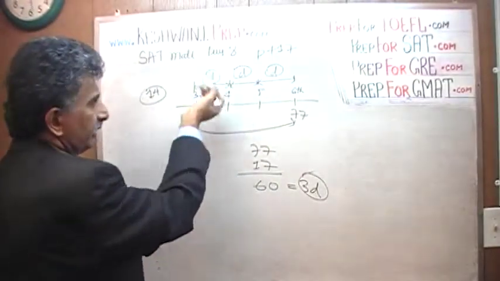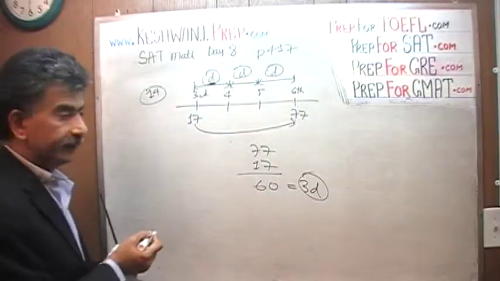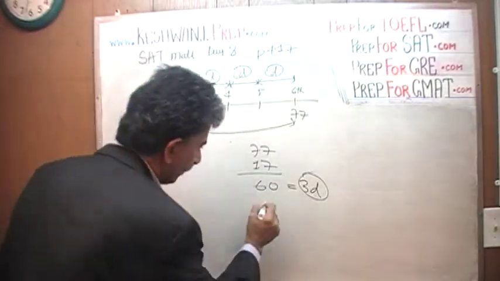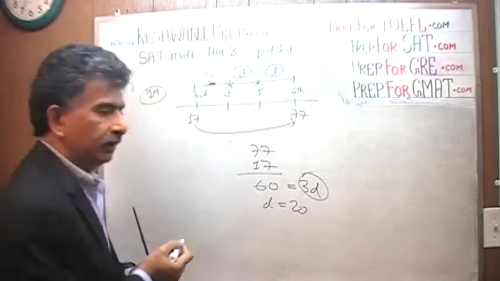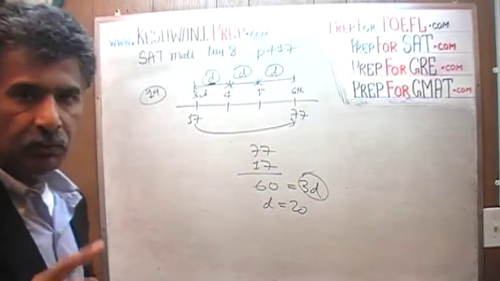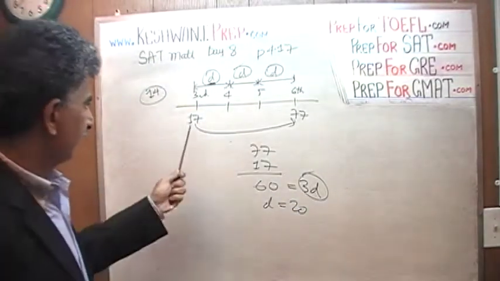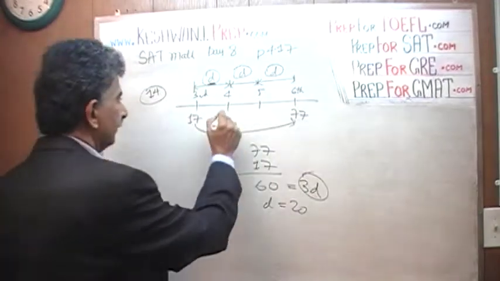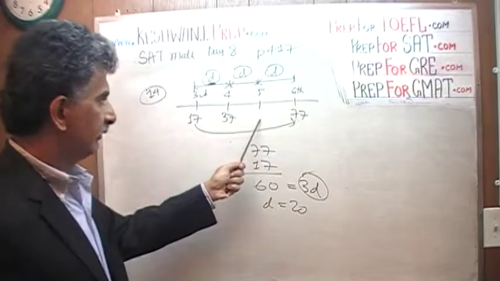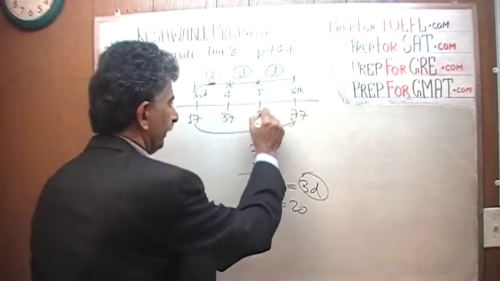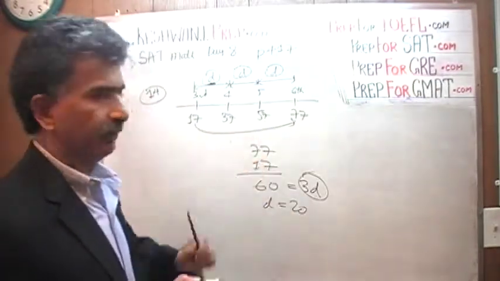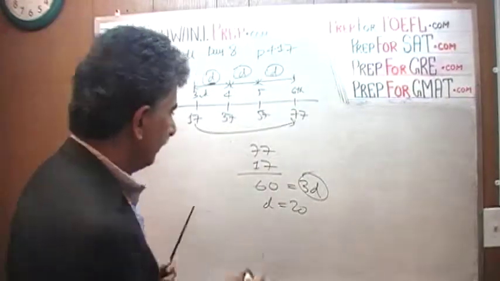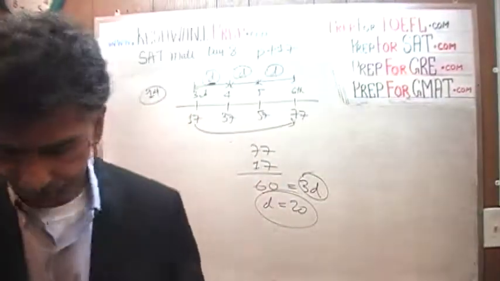Therefore, if you divide both sides by 3, D is 20. The difference between 2 adjacent terms is 20, which means if it's 17, the next one is 37, then 47, then 57, then 67, and then 77. The answer is 20. The difference is 20.